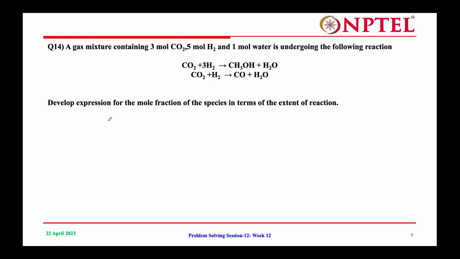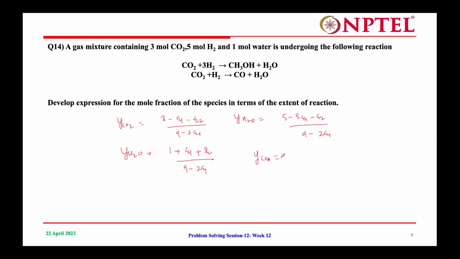Right. Now calculate for all species. For CO2, 3 minus the reaction extent for 1 minus ε2, divided by 9 minus 2ε1. For H2, 5 minus 3ε1 minus ε2, divided by 9 minus 2ε1. For CO, sorry, for CH3OH, ε1 plus... extent for the reaction 1, divided by 9 minus 2ε1.